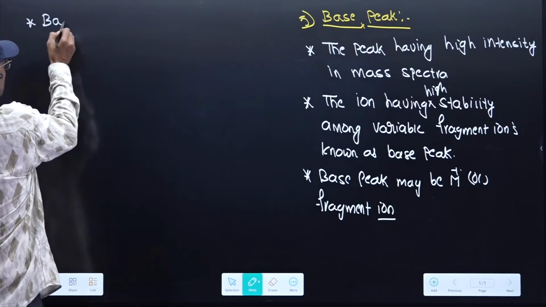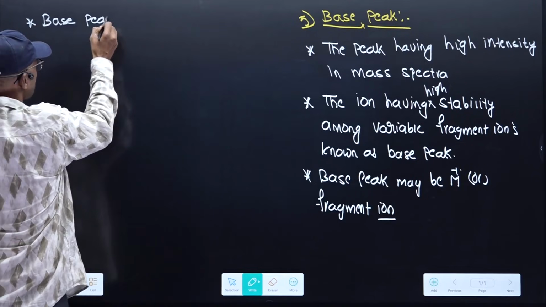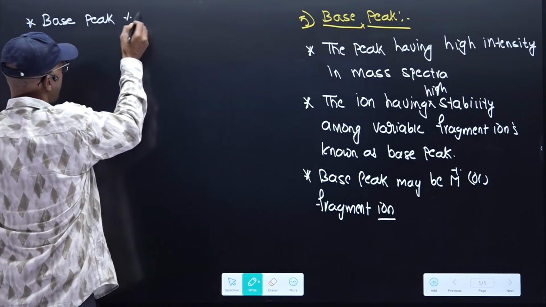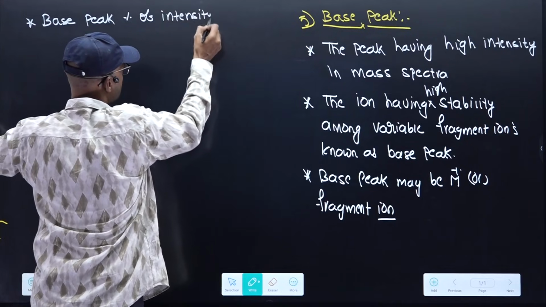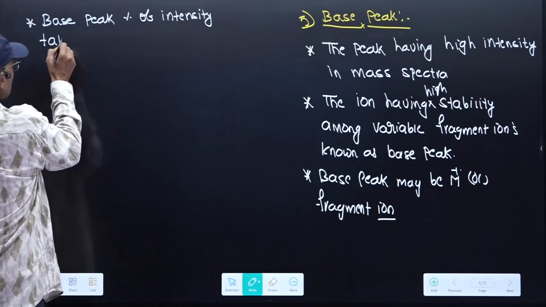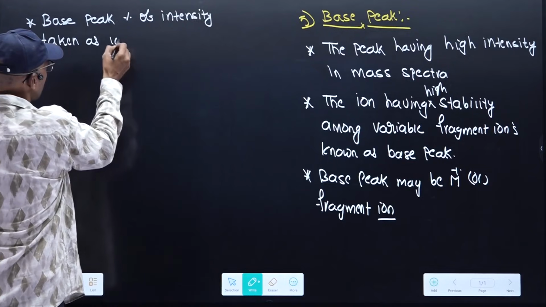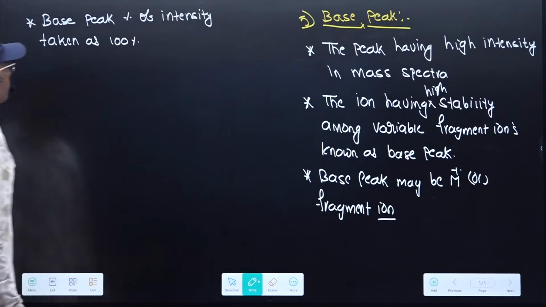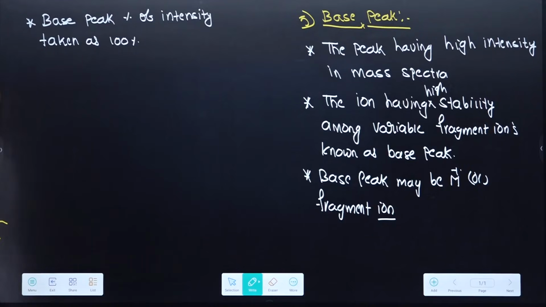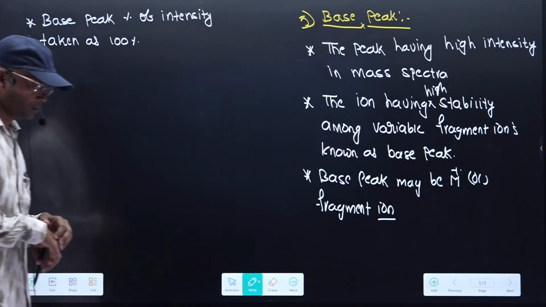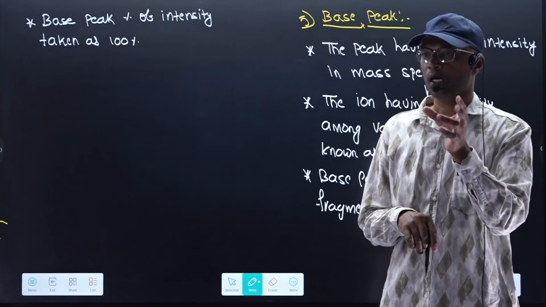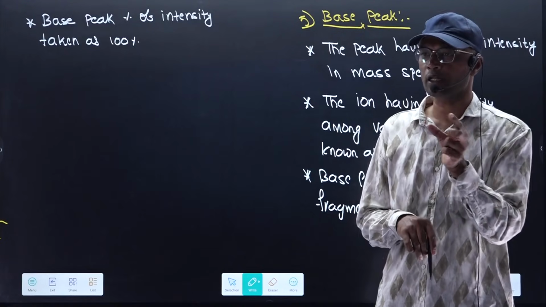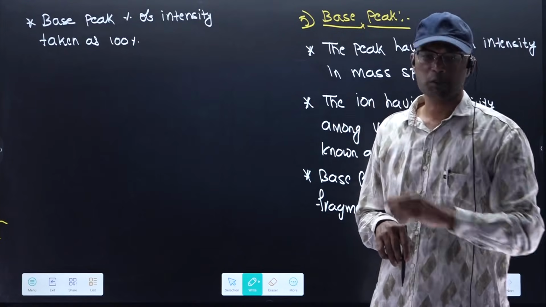The base peak percentage of intensity is always taken as 100%. We need to always take the base peak intensity as 100%. And the remaining ions' intensity we calculate based on the reference base peak.